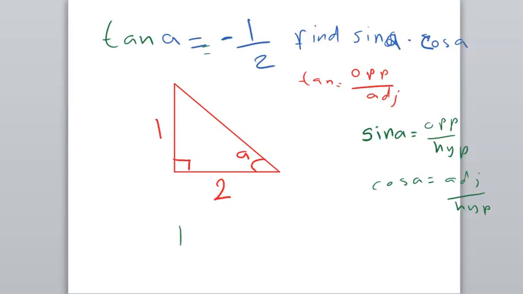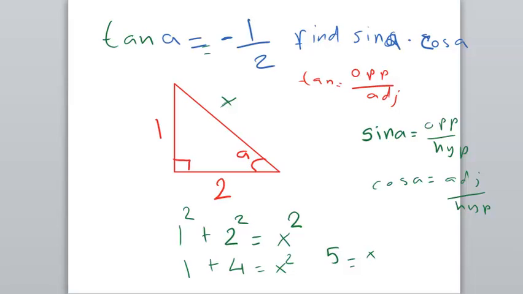So 1 square plus 2 square is equal to, let's name the hypotenuse x, x square. So 1 square is 1, and 2 square is 4, giving 5, is equal to x square. So that would make it square root 5 is equal to x. So this side is equal to root 5.